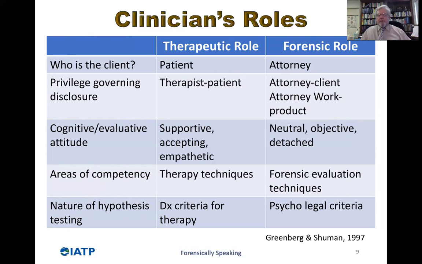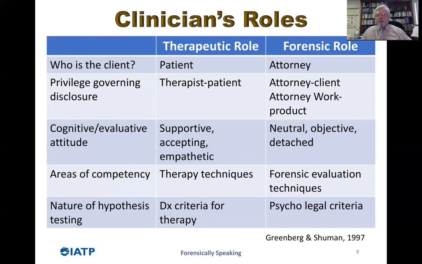Now, the privilege in terms of disclosure: with a therapeutic relationship, there is confidentiality between the therapist and the patient.